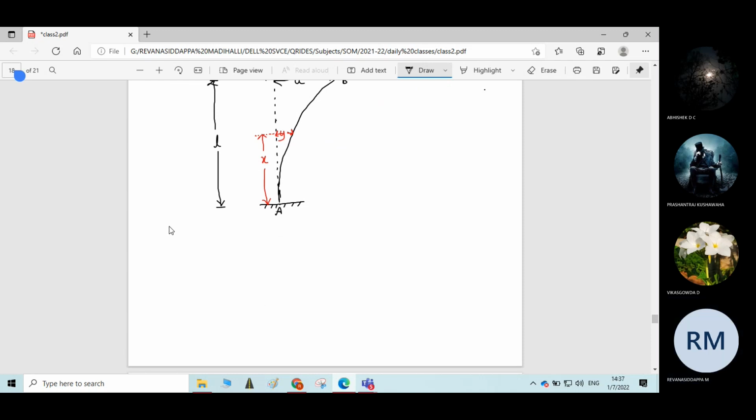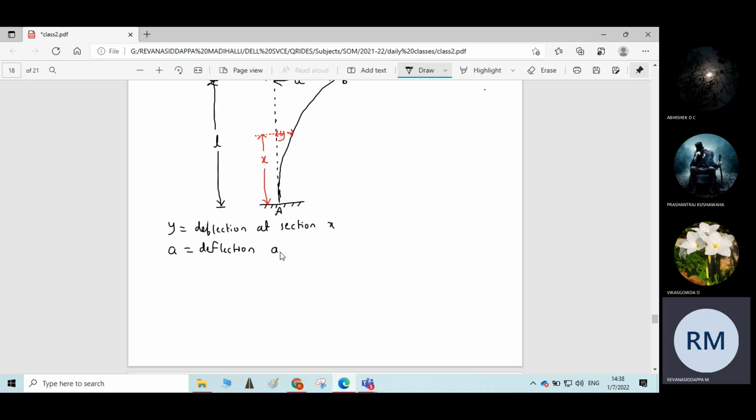Y is the deflection at section X, and A is the deflection at X equal to L, or the deflection at end B.